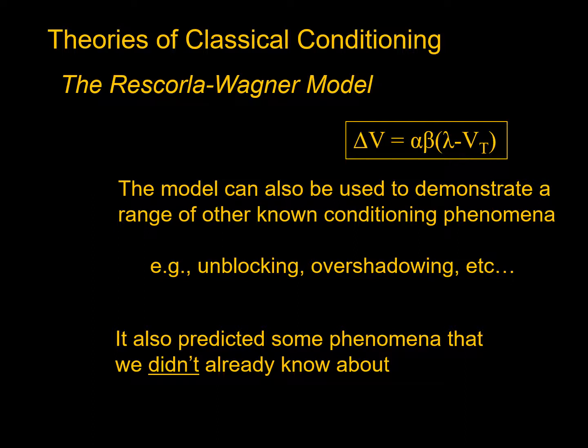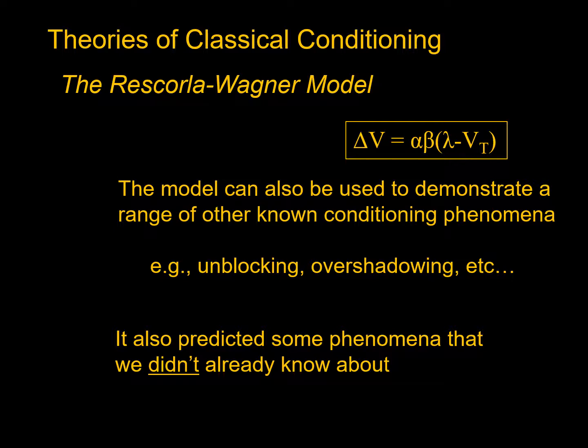Well, 100 units has already been used up, and the 100 units we added is going to get split evenly between the two equally salient CSs. So CSA ends up with a total of 150 units, 100 from the very first phase of the blocking study, and then 50 more once we increase the intensity of the US.